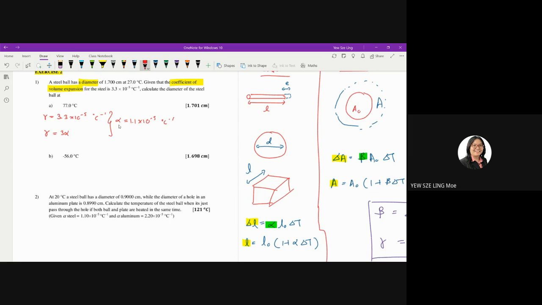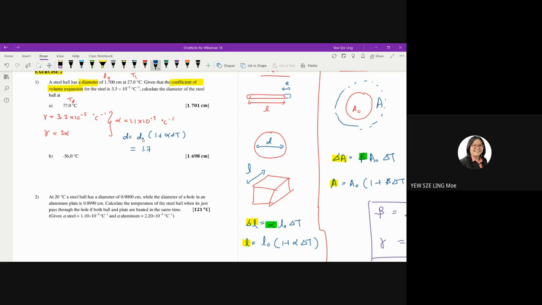Now that you have alpha, and you know the initial diameter, your initial length, and the initial temperature, given T final, can we calculate the final diameter? Yes, we can. D final is equal to D initial bracket 1 plus alpha delta T. D initial is given as 1.7 cm, or you can just leave it at cm.